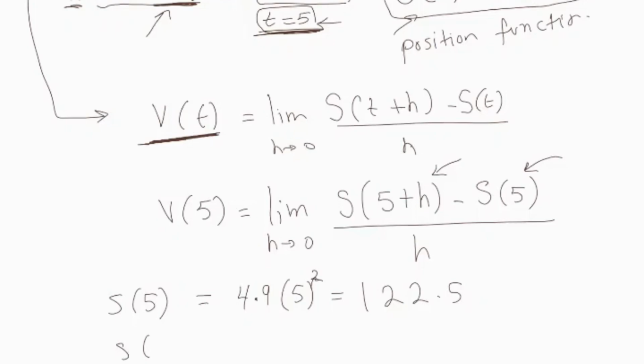For s of 5 plus h, this will be equal to 4.9, and instead of t, I'll write 5 plus h squared.